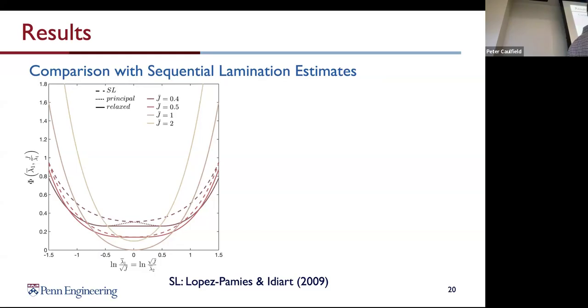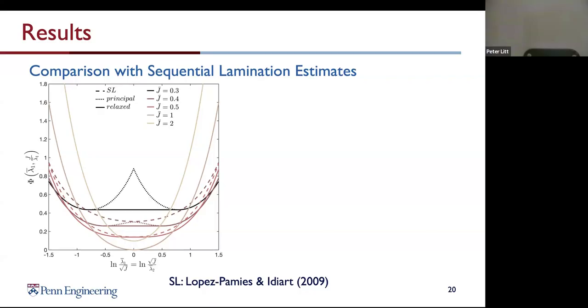The principal solution, the dotted line here, has this double well where you rise and fall. The relaxed solution corresponds to just the convexification in this subspace, so you just cut straight across the bottom of that. And the sequentially laminated result is stiffer than both of those results and is again just nice and convex.